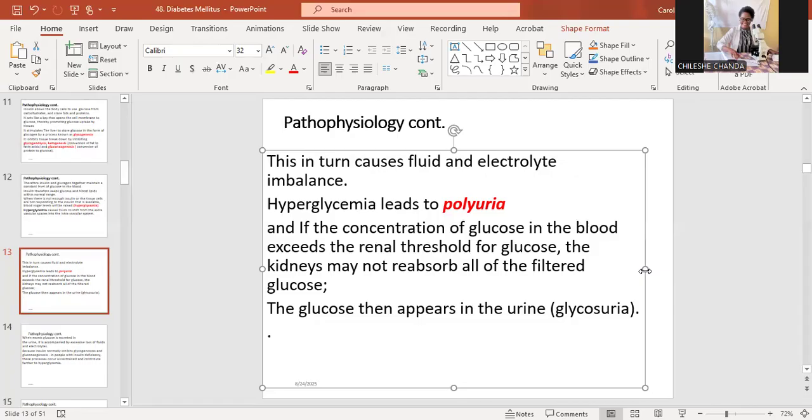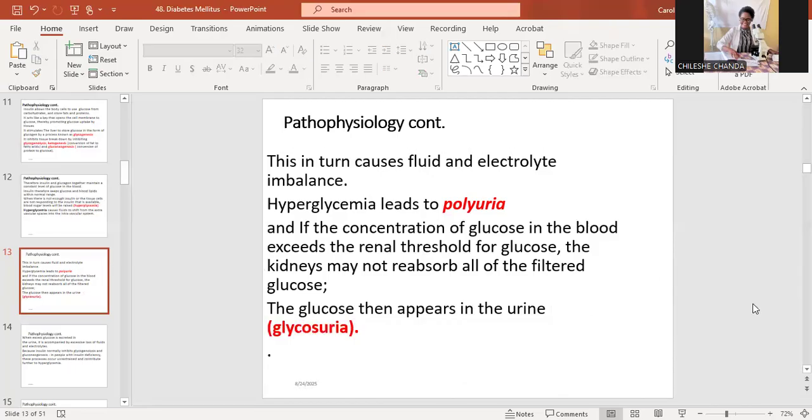So this glucose will therefore be found in urine, which is not supposed to be the case for a normal human being. Therefore, this patient is going to have sugar in their urine, and this is known as glycosuria.